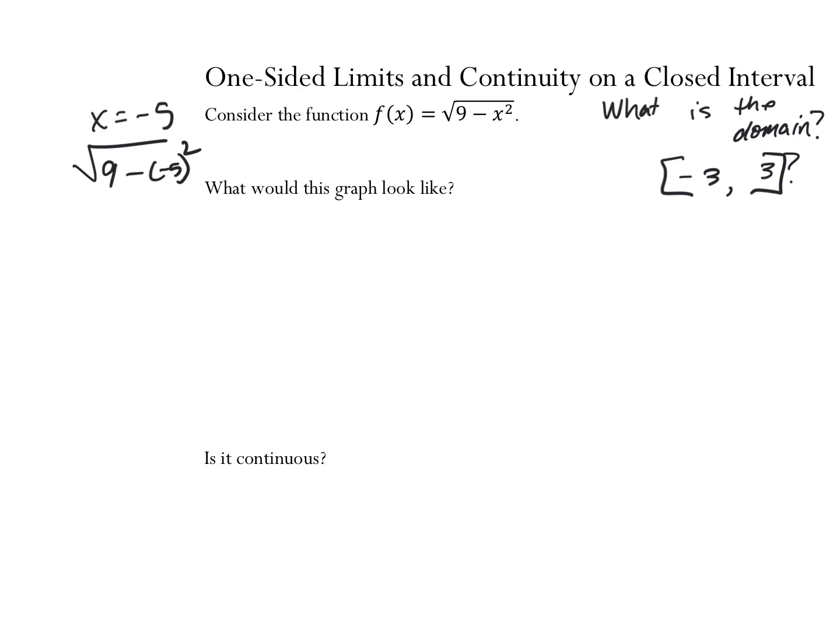All right, so if I start to get to this graph, the first thing I'm going to notice is that this is negative 3 and this is positive 3. And I know that the graph only exists in between these two.